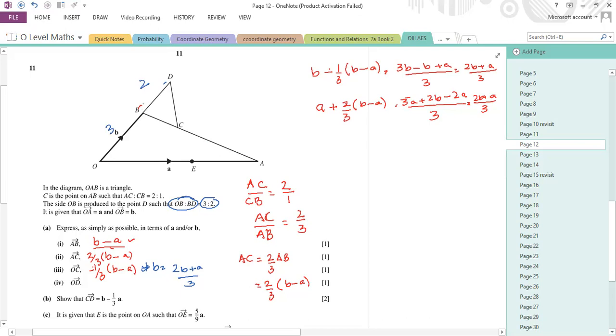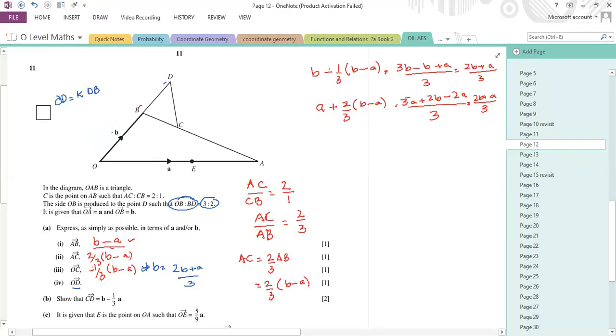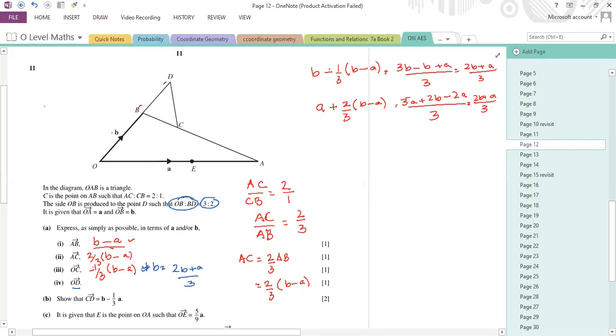So we can actually say, if I want to calculate it, let's see what I'm going to do. I'm going to say that OD is equal to K times OB. I think it would be easier to do it here, saving the space.